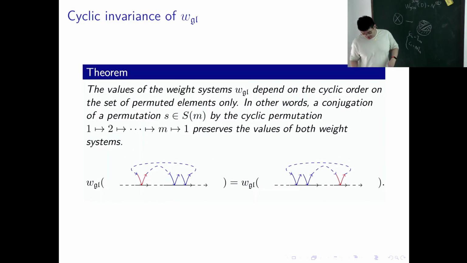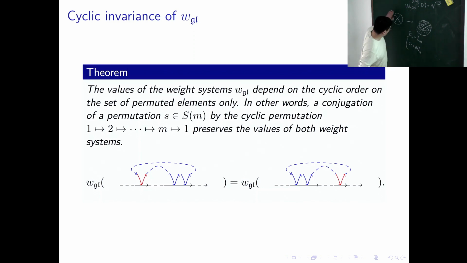And also I'm going to show you that this weight system on the permutation is not only the weight system under permutation. It's actually the weight system on round diagrams and not this diagram, because you can always move the rightmost leg to the leftmost, and by this recurrence relation nothing has been changed.